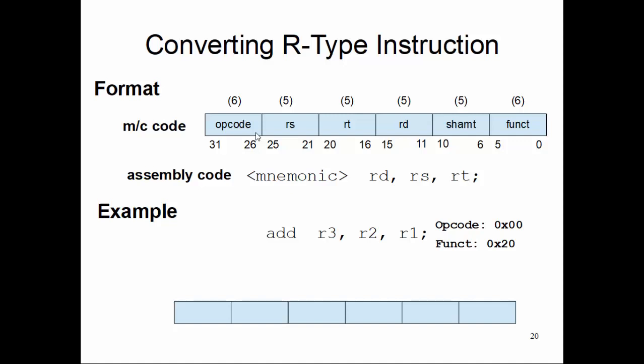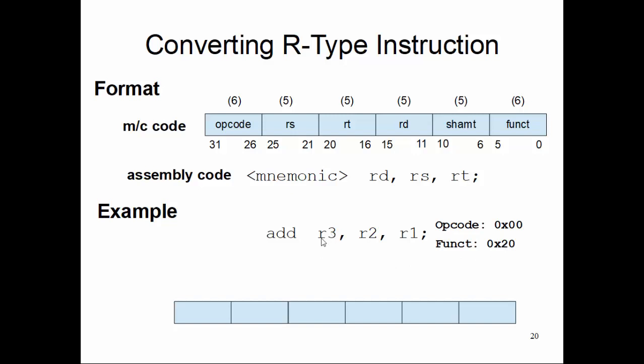But what is certain is that if the first 6 bits are 0, it is an R type instruction. And each of these different R type instructions is differentiated from the others with a function code. So this function code is going to be different. For add, its function code is hex 20.